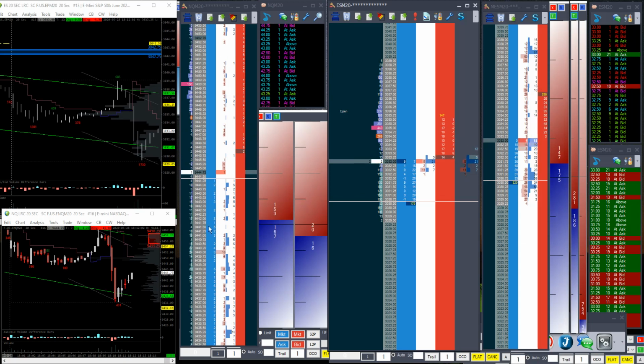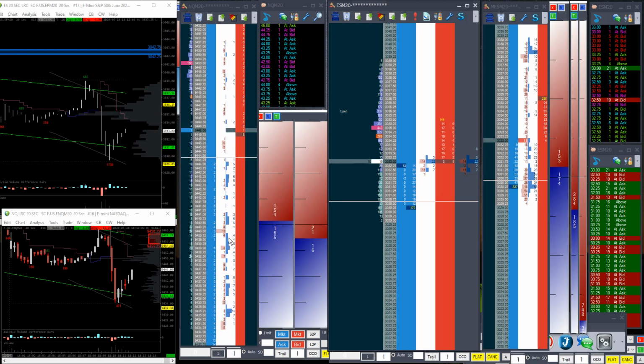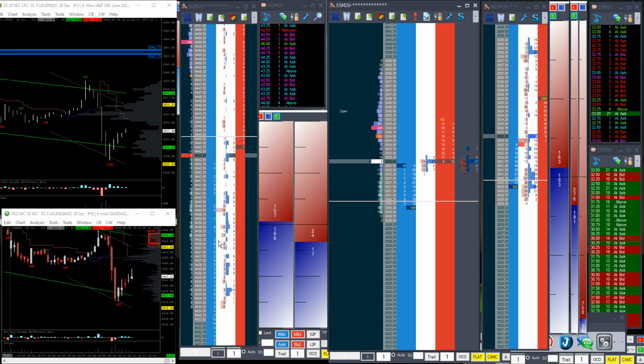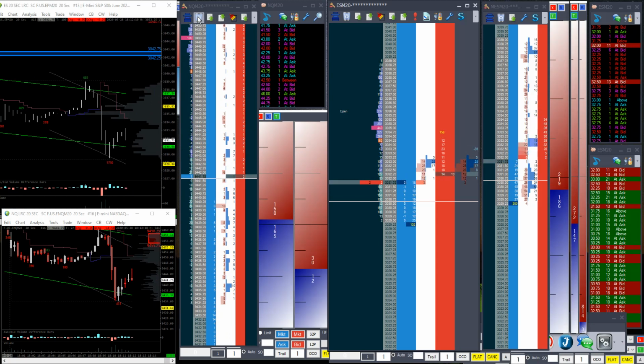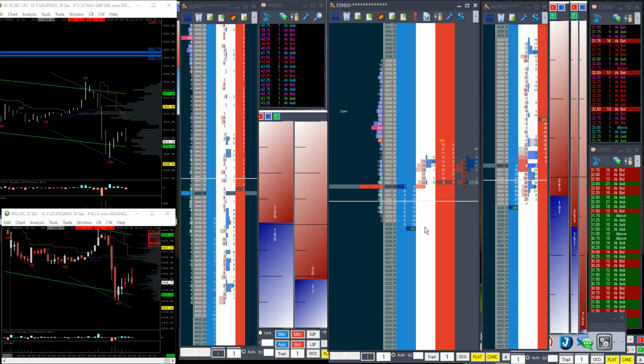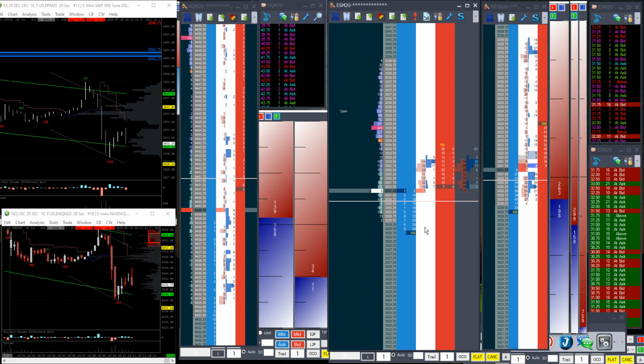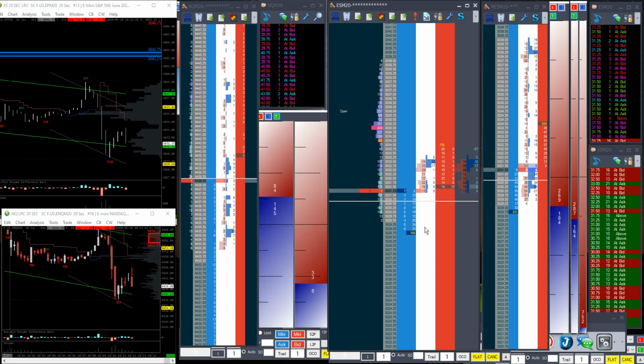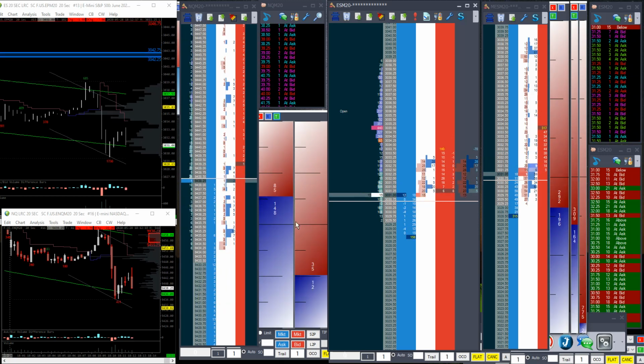Nasdaq, we haven't looked at it, but Nasdaq is a bit trickier, a bit more volatile. You really need to spend time looking at the Nasdaq and have screen time and experience with it because it's trickier.